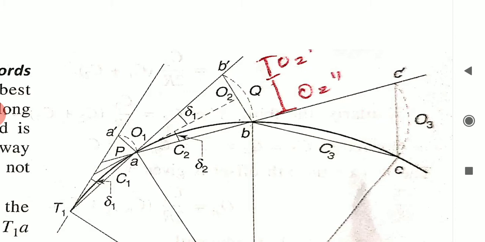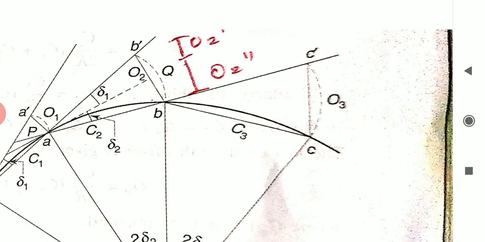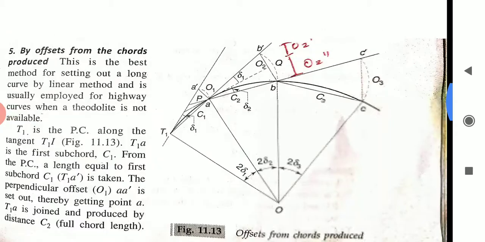The third offset O3, CC dash, is set out to get a point C. The procedure is repeated till the curve is completed. This is the procedure for taking chord produced by the chord linear method.